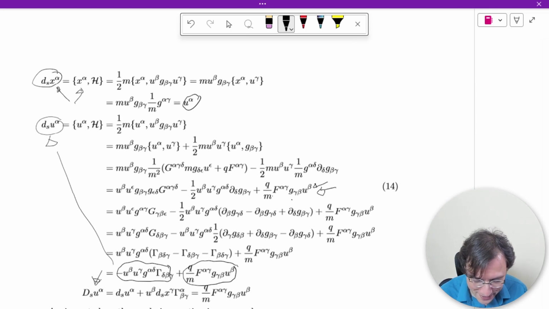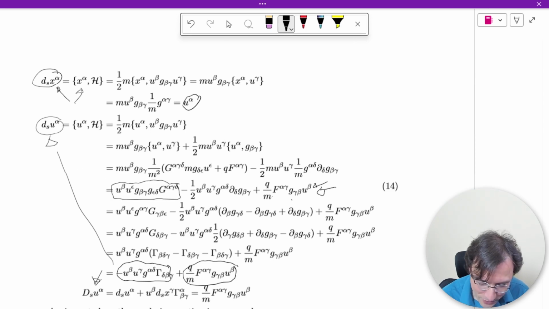This part here, our tensor, tells us that this is somewhat of a force in the same way that this is a force.